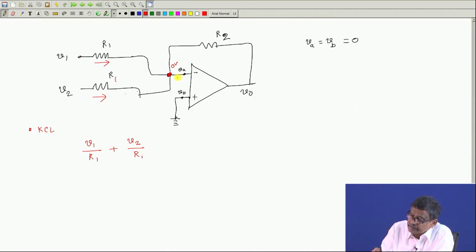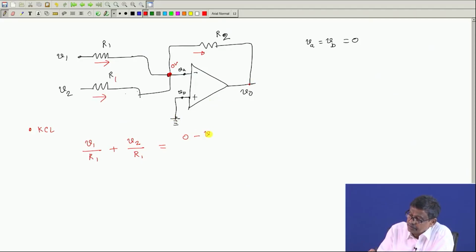What will be the current in this branch? 0, because it is an ideal op amp. If it is not drawing any current, the sum of the currents must flow through this branch. So, this plus this must be equal to 0, and this potential is V0 with respect to this.